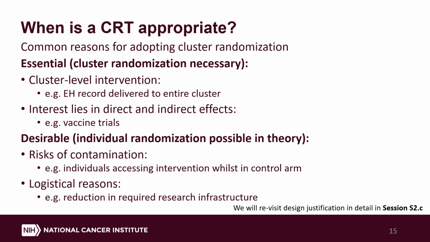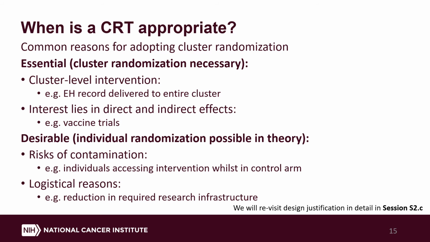So for example, a change to the electronic healthcare record that's delivered to the entire cluster. It's also essential to use cluster randomization if there is an interest in direct and indirect effects of the intervention. So for example, in vaccine trials, where we're interested in the direct benefit of individual participants through their exposure to the vaccine, but also the indirect effects in participants within their neighbourhood who indirectly might also receive benefits from other people being vaccinated.